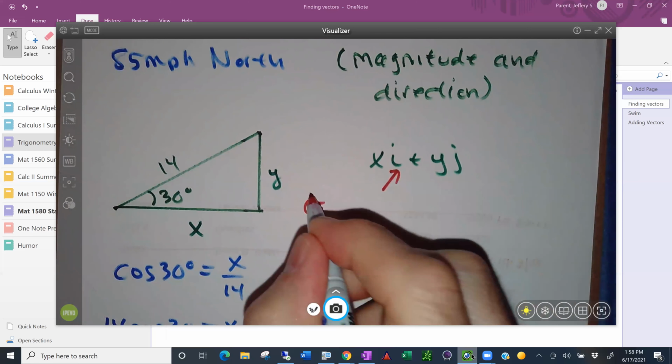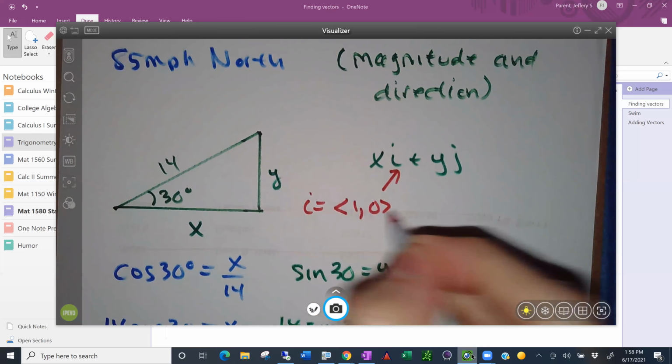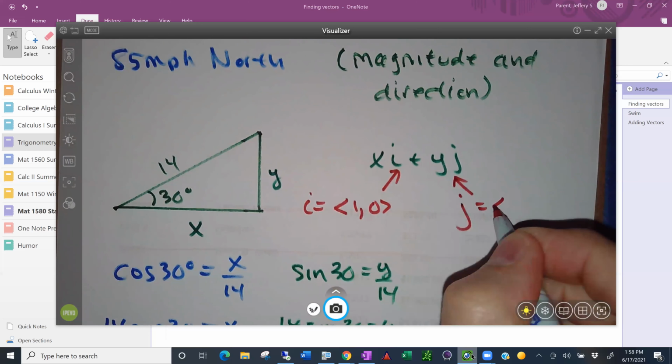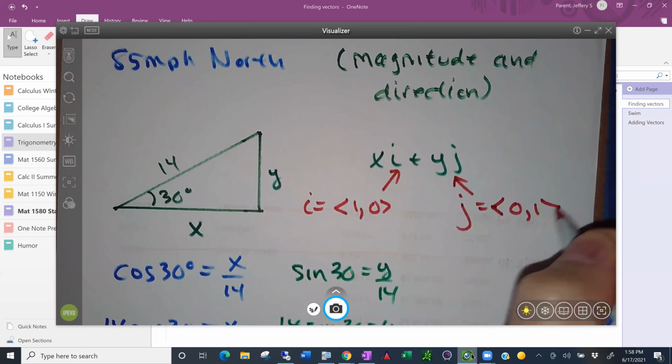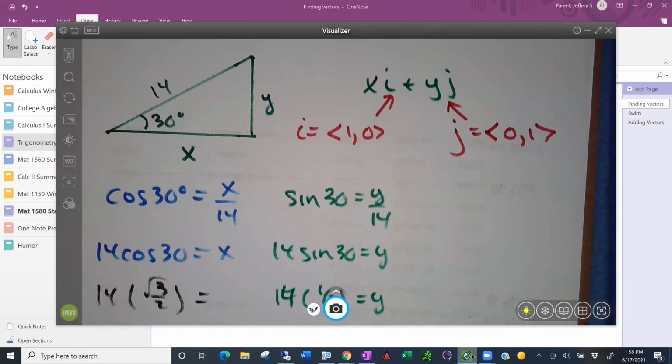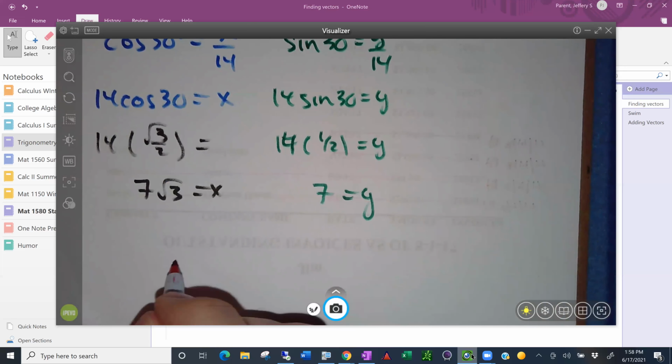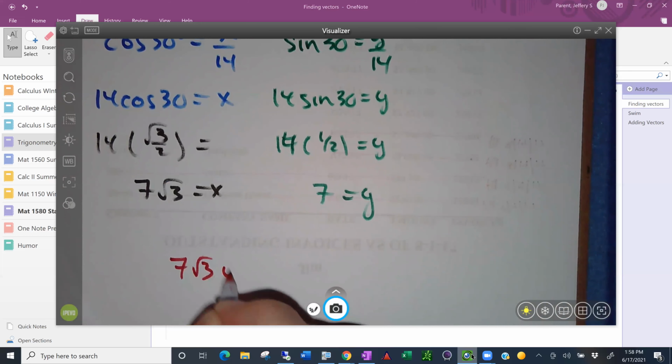I is 1, 0, and J is 0, 1. Excellent. Those are your unit vectors. So I could rewrite this as 7 square roots of 3 times I plus 7 times J.